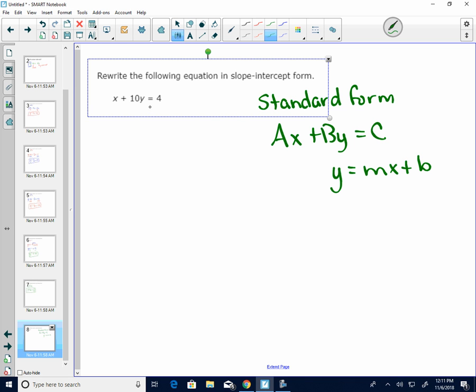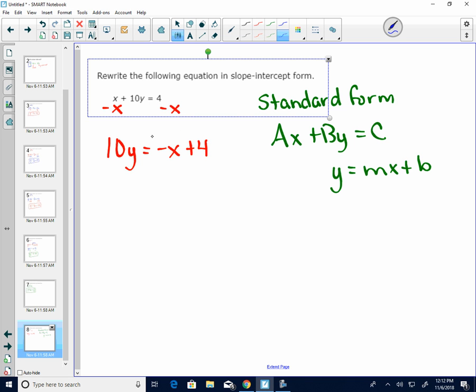So the first step: y is being multiplied by 10 and having x added to it. So we've actually got to move this x first. So we subtract the x from both sides so that we get 10y is equal to, and since the x comes first, I'm going to write negative x, and that was a positive 4.